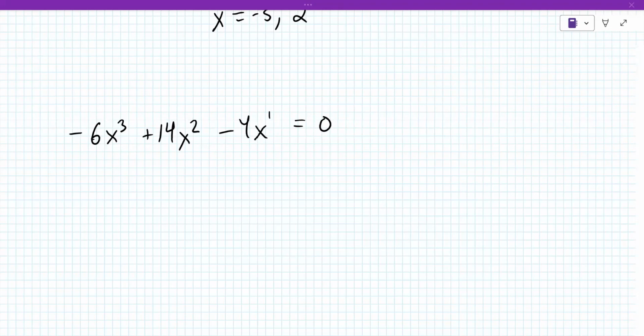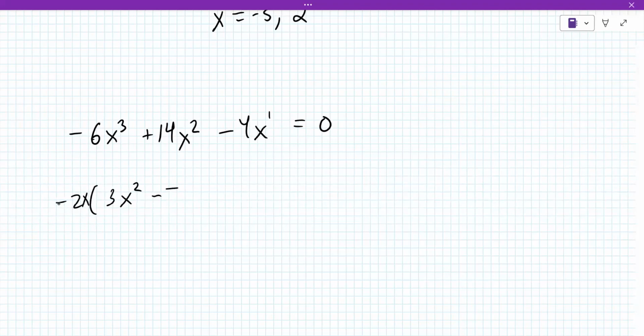And that's 3x squared minus 7x plus 2. Okay, keep going. So that is factorable, right? Yeah.